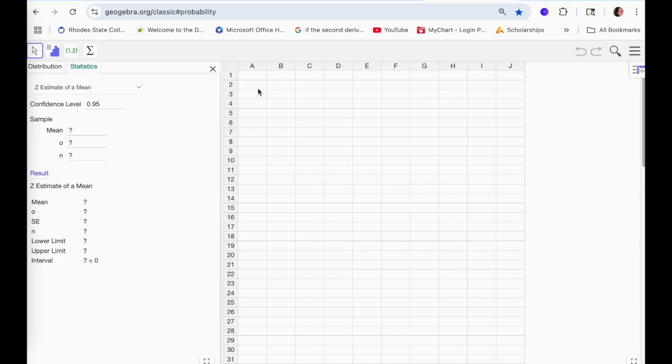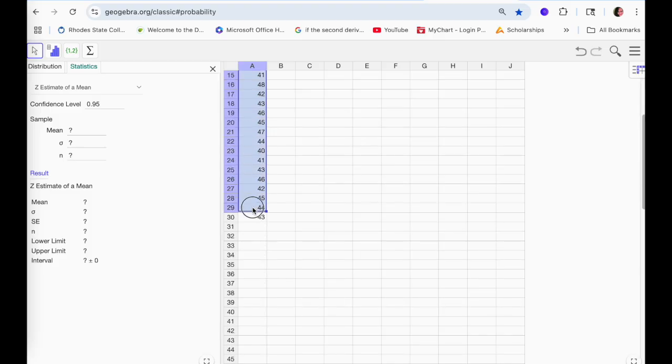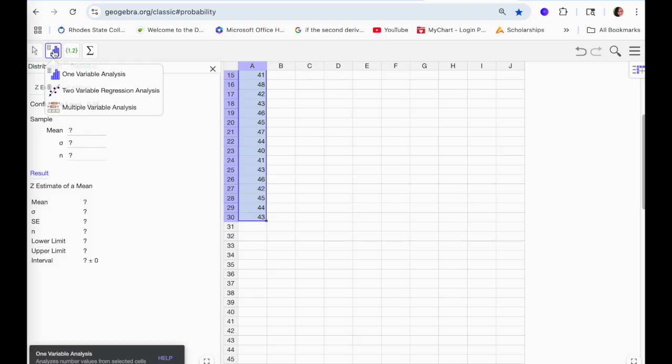And in column A, I'm going to type in all of those data values from the question. So pause your video for a minute and enter in your 30 data values. Once you have your data values in there, you can highlight all of the values from 1 to 30, and you can come over here and click your histogram icon and choose one variable analysis.